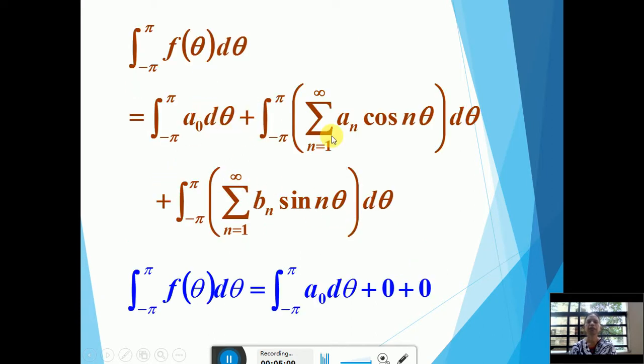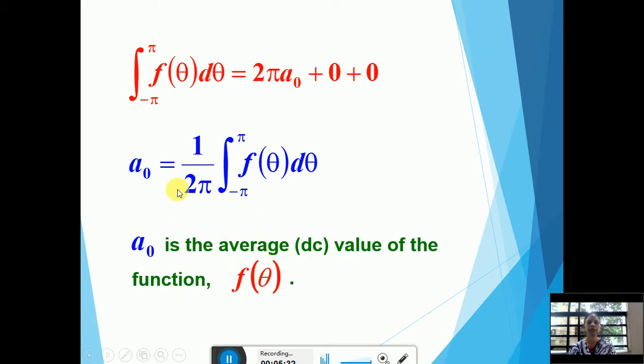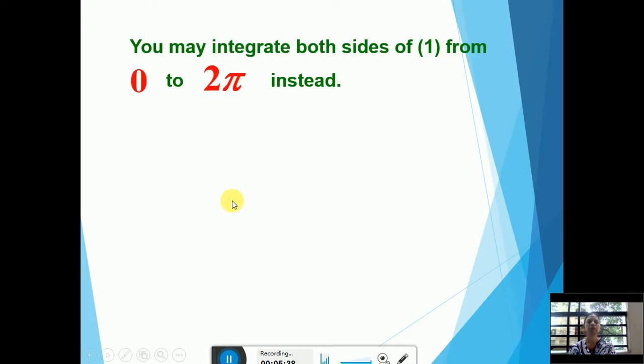By making use of our relations, the cosine and sine terms are 0, as we have seen in the earlier trigonometric relations. This finally results in only the integral from minus pi to pi of a0 d theta. When you integrate, this is what you get, and hence a0 will be 1 by 2 pi of this integral. So a0 therefore is nothing but the average value of this function over the interval between minus pi to pi.